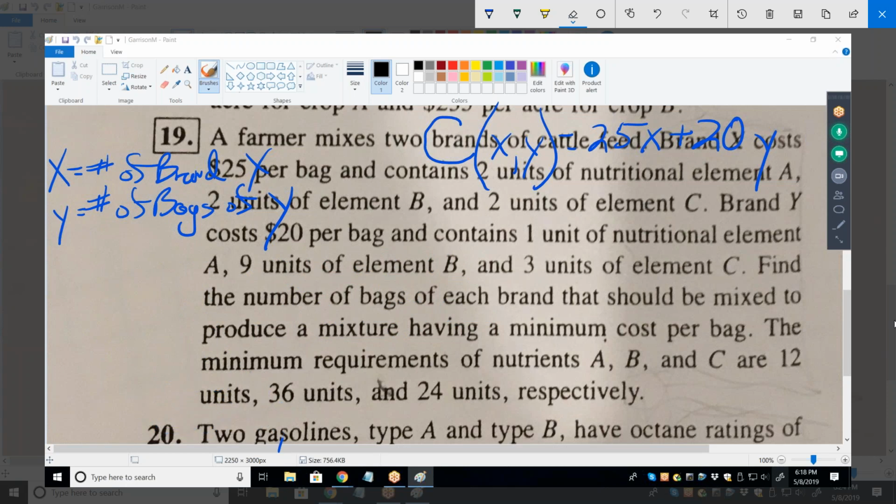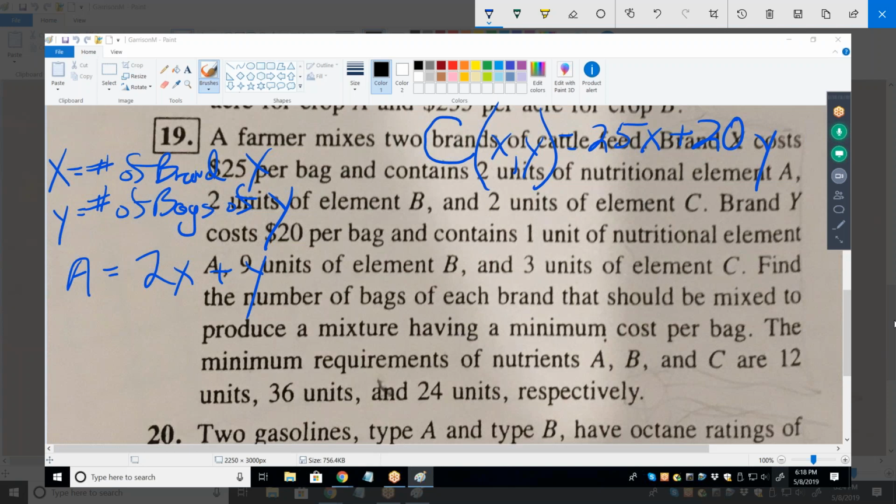The total amount of element A is equal to 2 times x plus y, correct? And we can already set that as an inequality. If you had one bag of X and one bag of Y, you'd have 3 units of nutrient A.